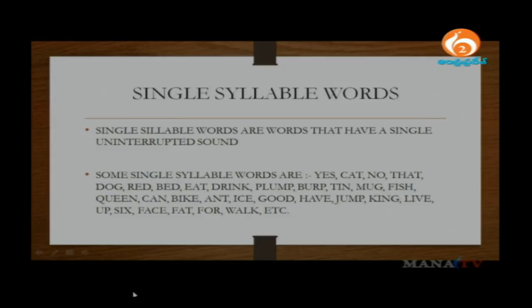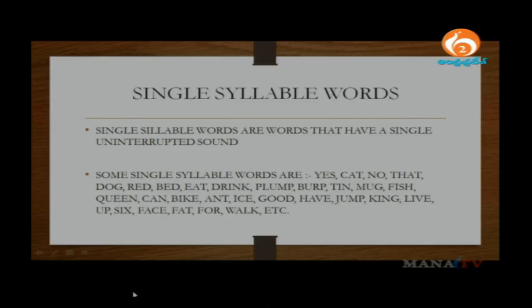So the first thing in syllables that you have to remember is single syllable words. Some of the examples I already have given you. I'll show you the PPT once again so that you can observe that there is only one single vowel in these words. Let us see the PPT once again. So we have yes, cat, now, that, dog, red, bed, eat, drink, plump, burp, tin, mug, fish, queen.